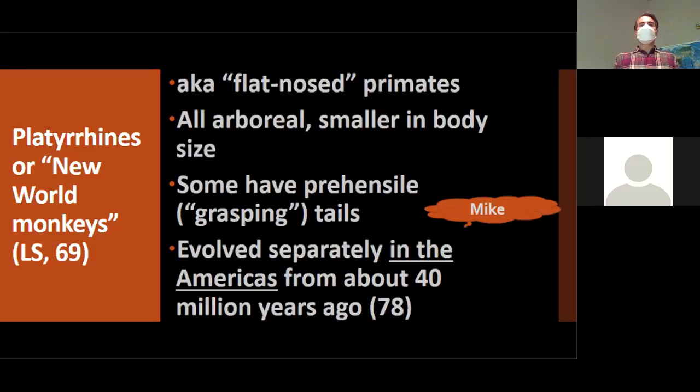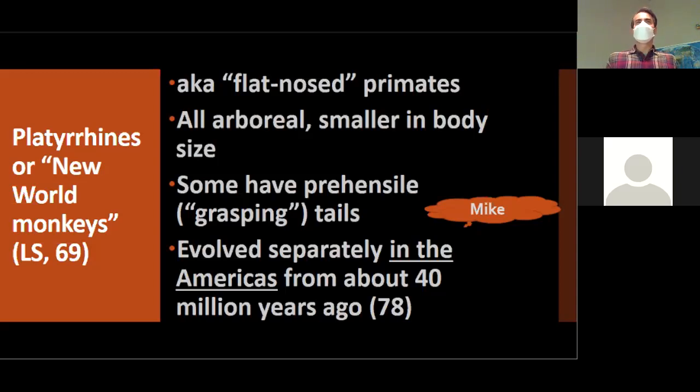The reason we call them New World monkeys is because they were evolving separately in the Americas, in what we know as the New World, from about 40 million years ago. And in evolutionary terms, when I say about, I mean about. We'll look at this chart later on page 78, but you can keep that out as a reference point. I think they have it there at 42 million years ago.